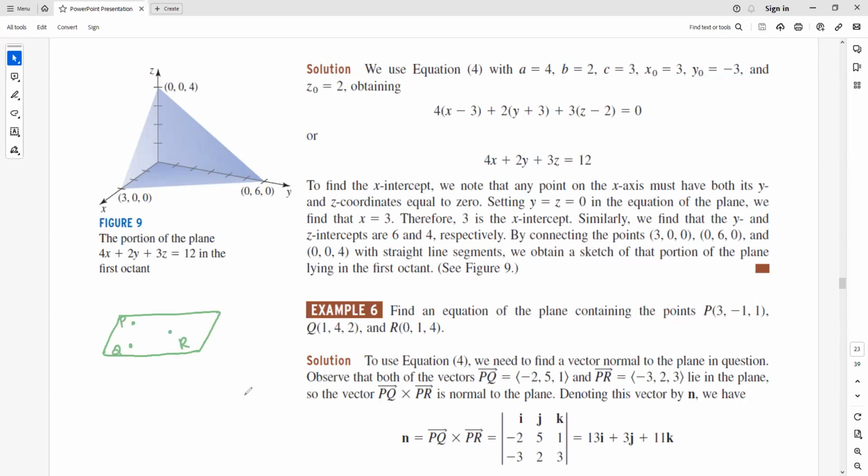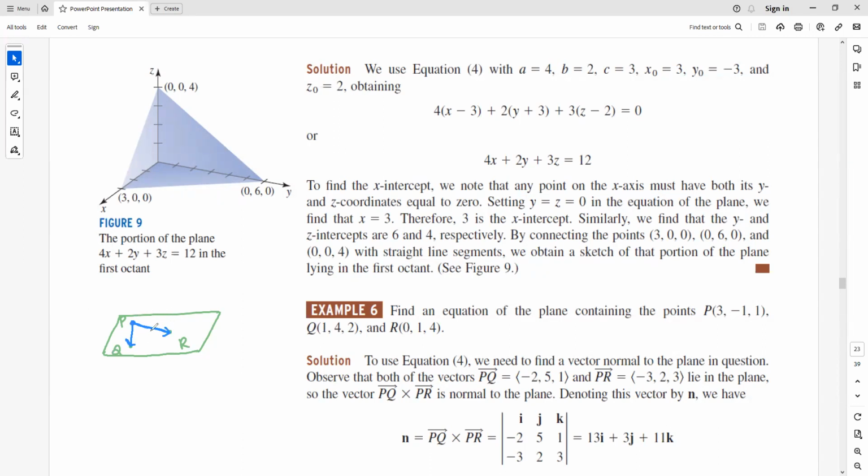Now we need to find a vector that is perpendicular to this plane. So what we can do is join these points. So let's say I'm joining these points from P to Q and P to R. Right now these vectors are on the plane.